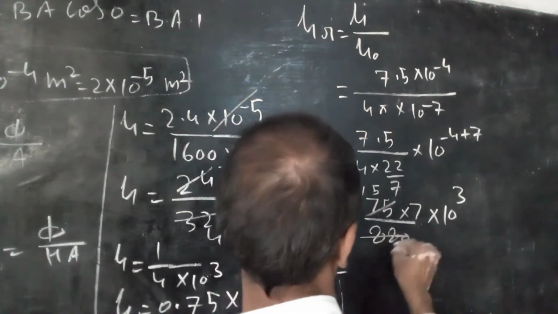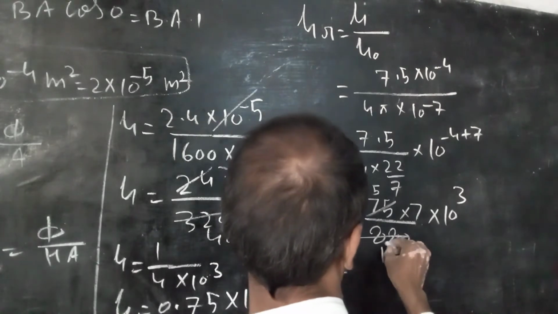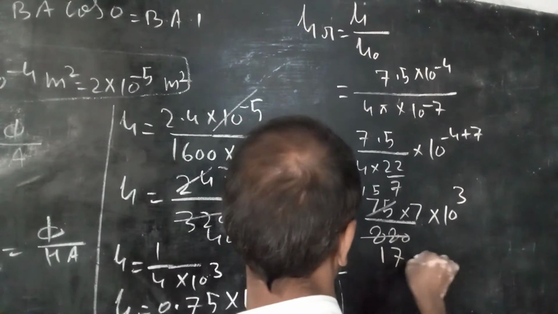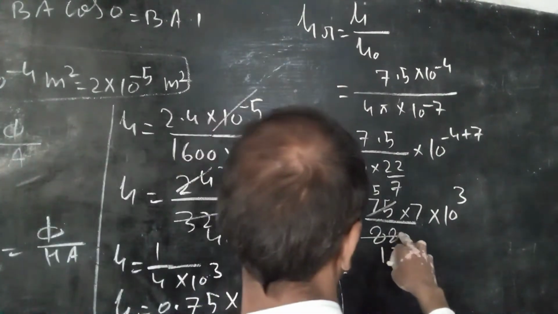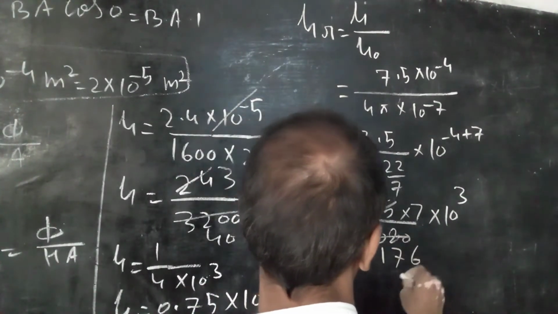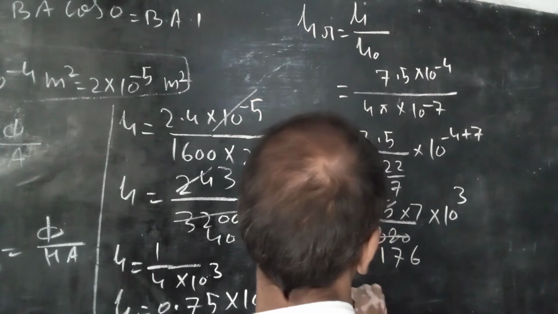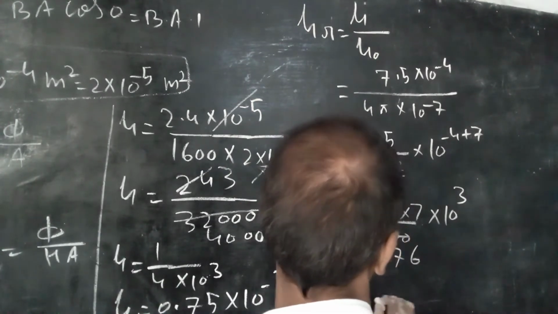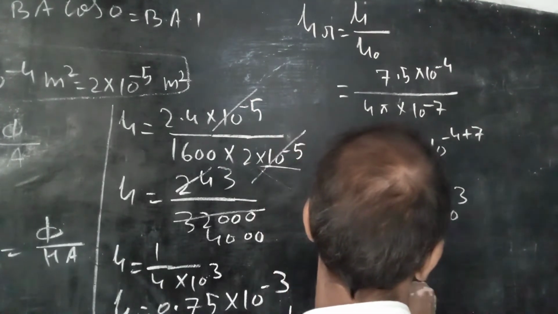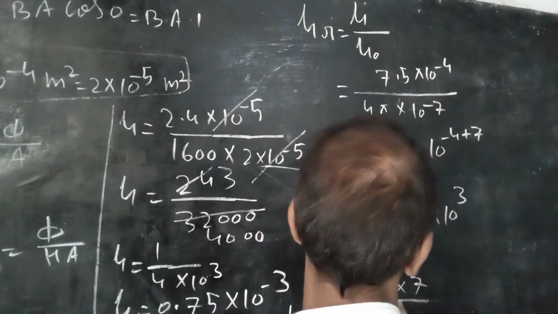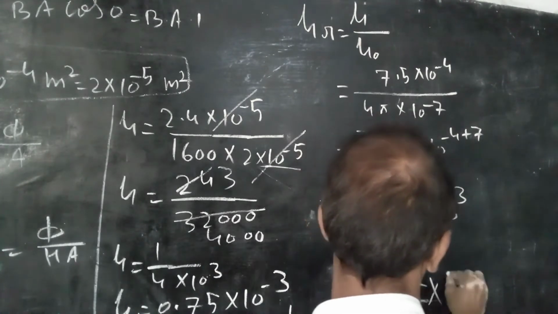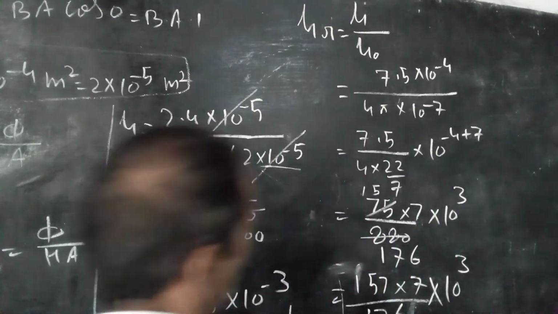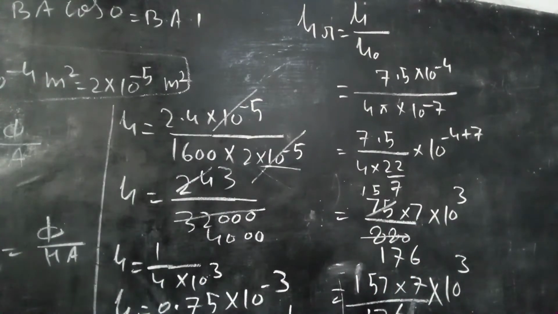Okay. 157 into 7 upon 176 into 10 raised to power 3. Now simplify this.